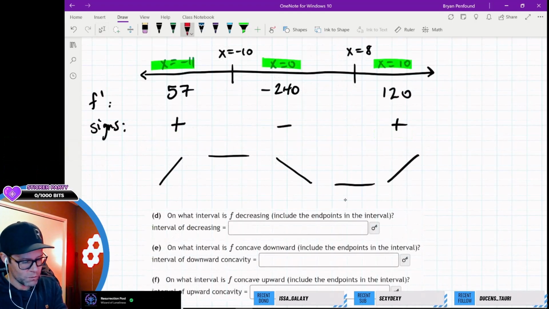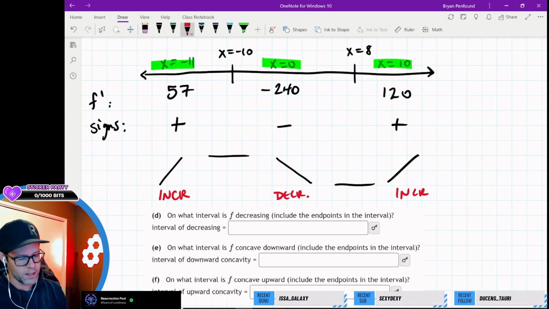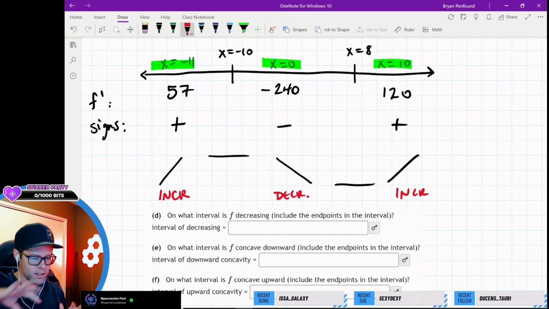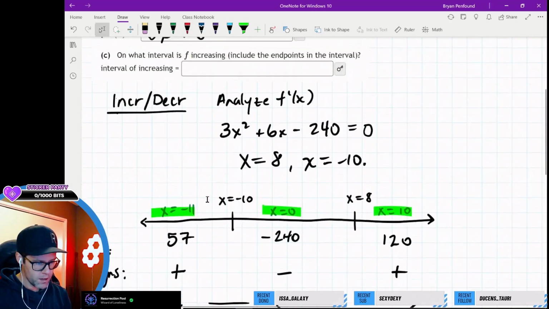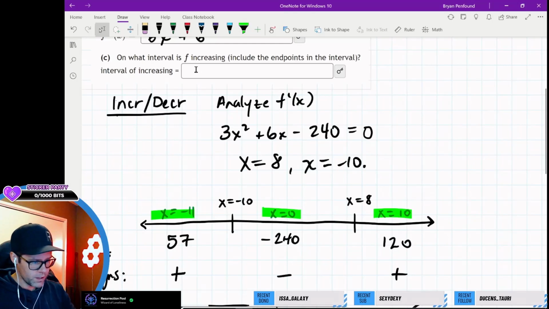I think that once we have a general idea of what our function looks like, then we can start to say things like we're increasing over here, we're increasing over here, and we're decreasing in the middle. At least that's the general movement of the derivatives or the slopes of these tangent lines. So if we come back up here, we need intervals of increase.